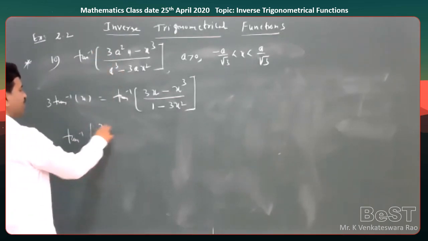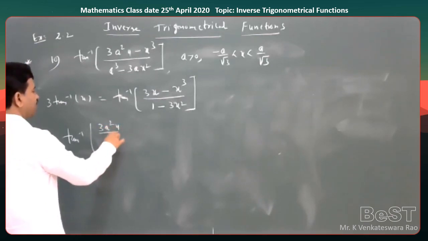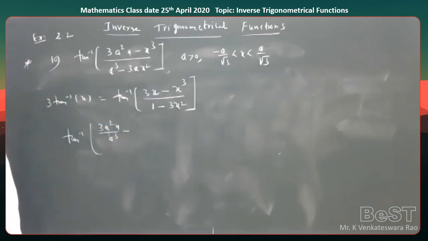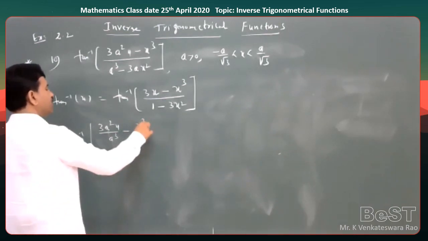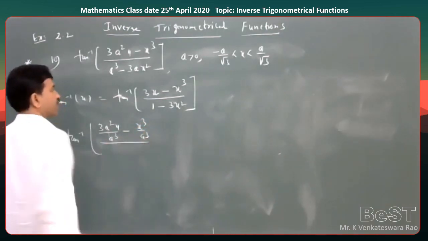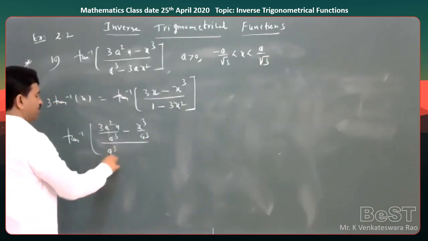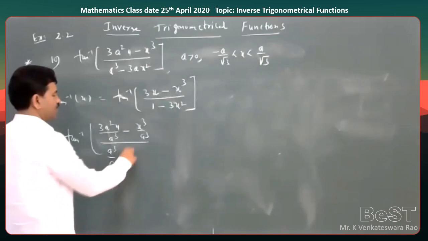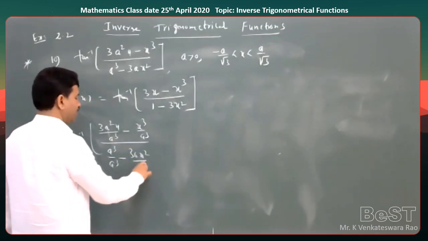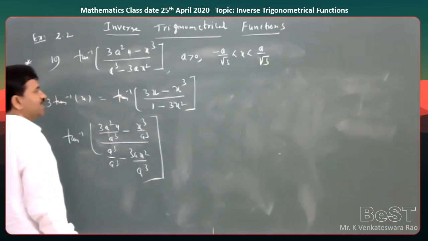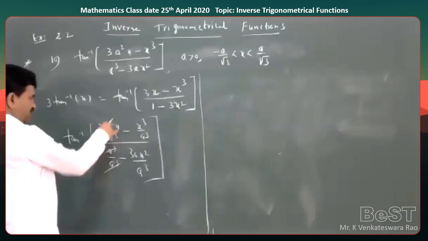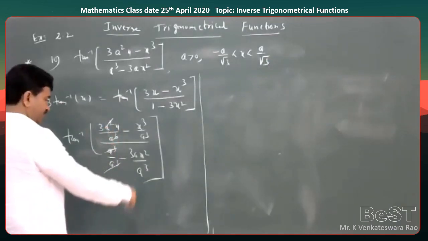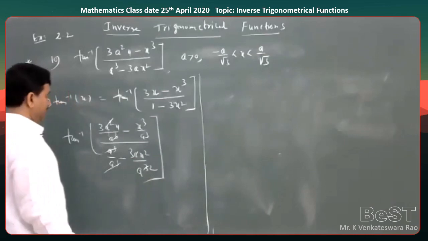So dividing each and every term, 3a square by a cube minus x cube by a cube, by a cube minus 3a x square by a cube. Do the cancellations. A cube cancel here, a square, a will be the remaining, a cancel, a square will be the remaining.